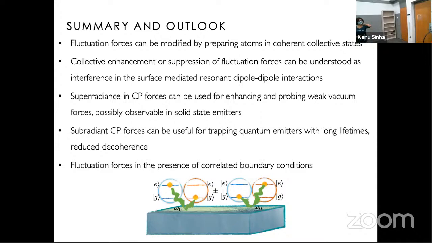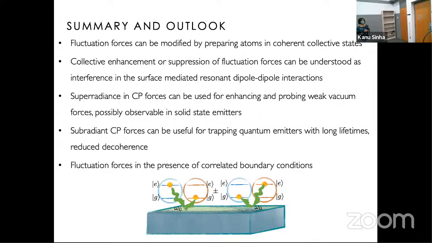We can also see that superradiance in vacuum forces can be potentially used to enhance forces that are otherwise unobservable, and subradiant vacuum forces can potentially be useful for trapping quantum emitters near surfaces with both long lifetimes and reduced decoherence.